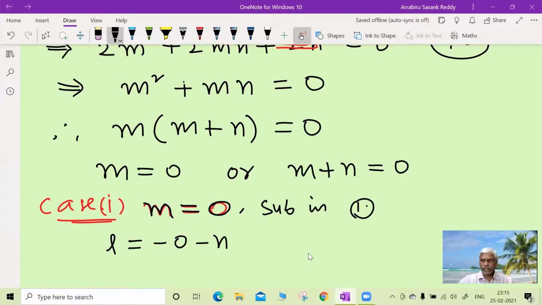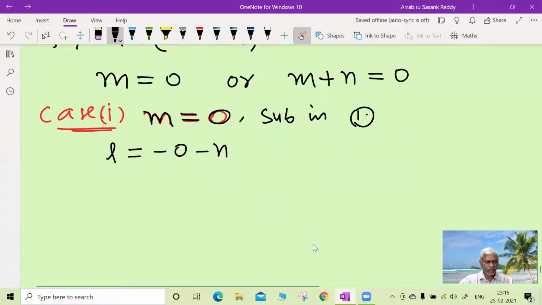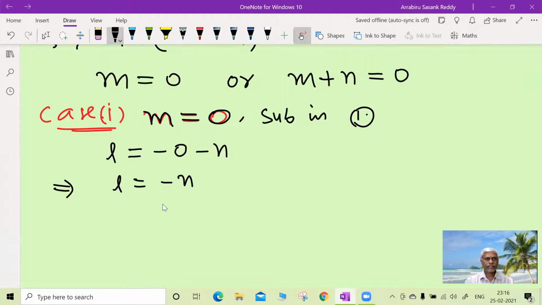So this becomes l is equal to minus n. This can be written l by 1 equals n by minus 1.